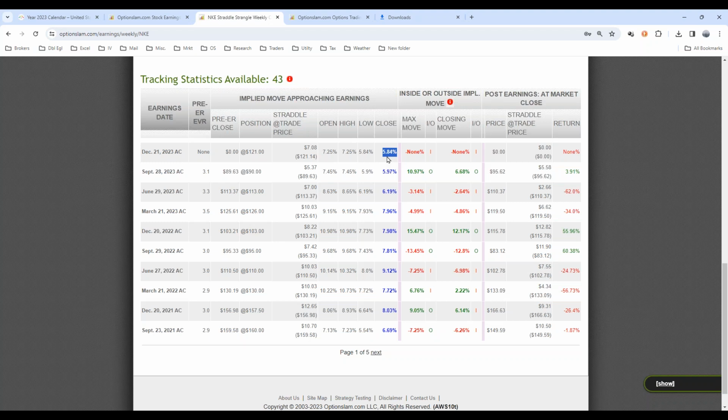I'm going to talk a little bit more about trader A and trader B again. If we were dealing with this 9% implied move, trader A would say, well, that's expensive premium.